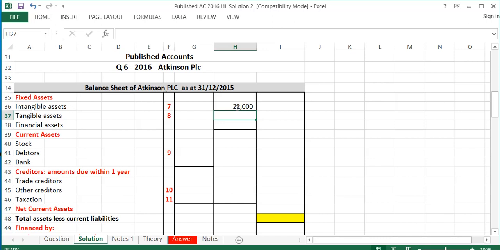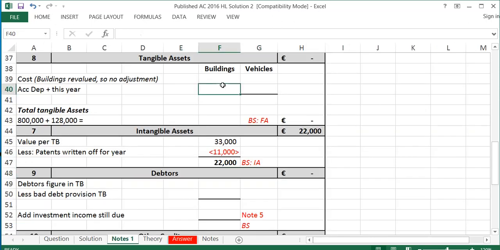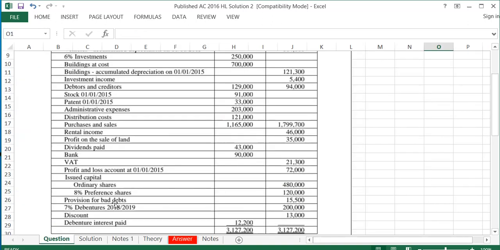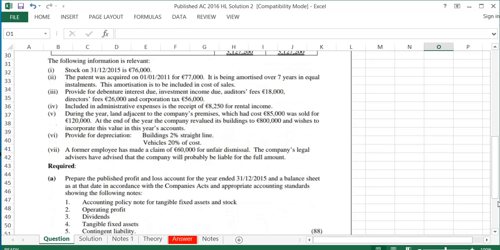So intangible assets or patents are 22,000. Now I have to do a note on my tangible fixed assets. So my tangible fixed assets are going to be note 8 here. Okay, so buildings. The buildings were revalued at the end of the year. So if I look back to my notes, it says that during the year, land adjacent to the company's premises, which had cost 85, was sold for 120.